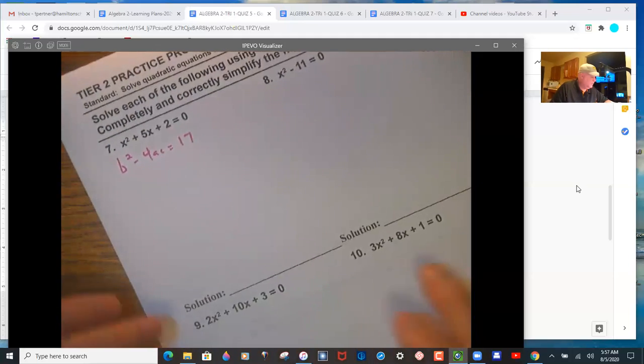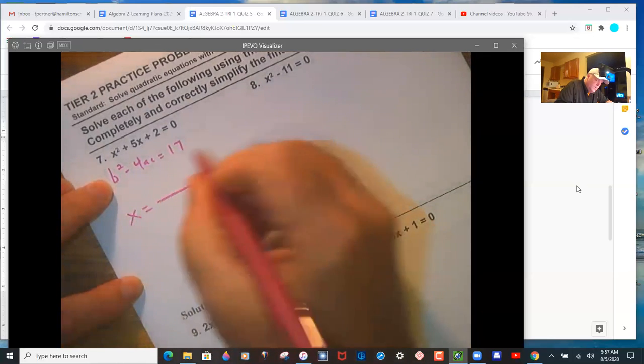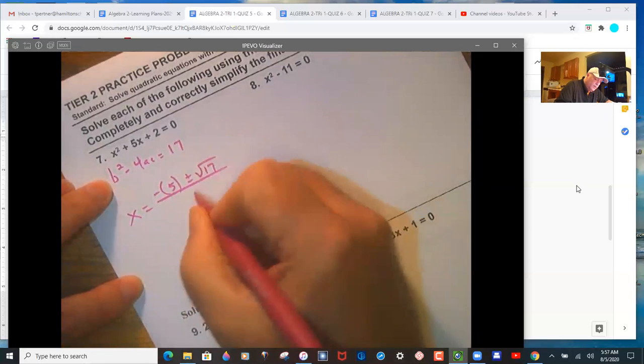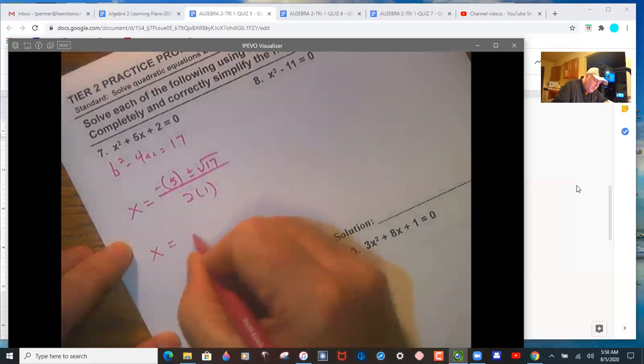So 17, when you square root that, that's not going to be nice. Plus and minus the square root of 17 over 2 times 1. So make sure you understand, I am not saying this over and over. Maybe you said a rhyme in middle school. But what is it you're doing? You are doing this formula.